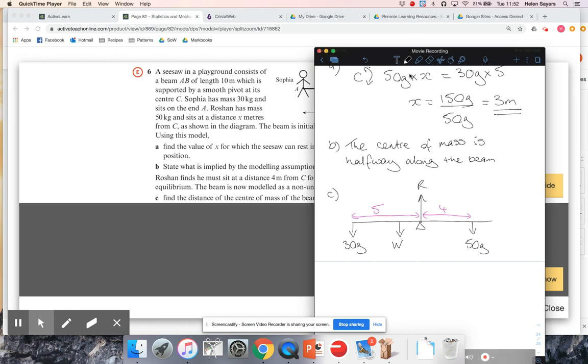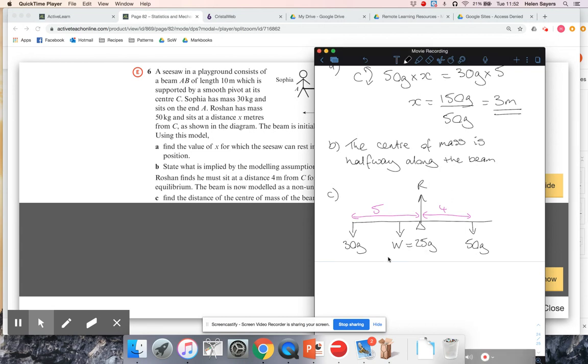If you got it the wrong side, it won't matter, you'll end up with a negative length. For it to be balanced, the centre of mass is going to be a bit over to the left. I know that the mass of the beam is 25 kilograms, so the weight is 25 G.